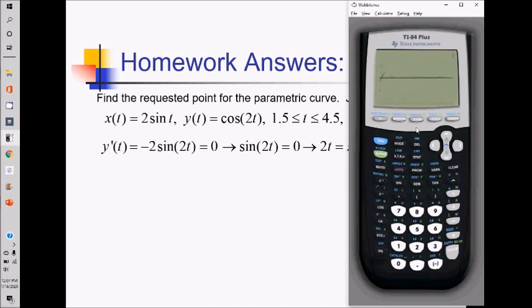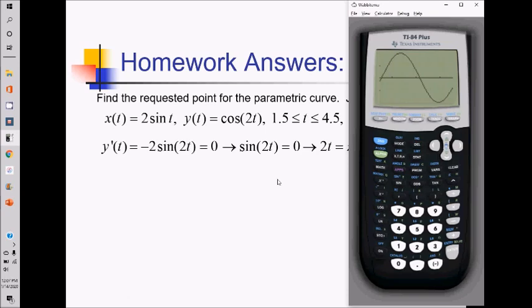All right, so here's my y prime, and I see that it's unfortunately crossing the x-axis multiple times, so I can't just pick one and say, hey, that's the only critical value. I have to test the critical values, I have to test the endpoints, so let's get down to it here.